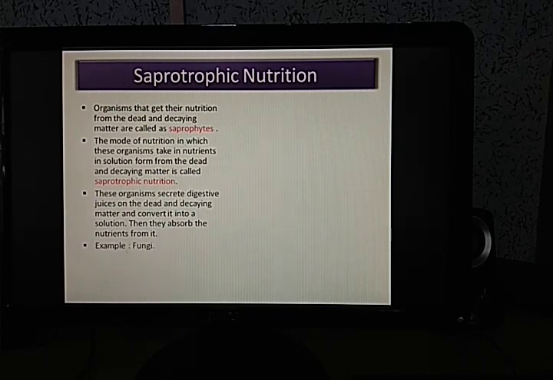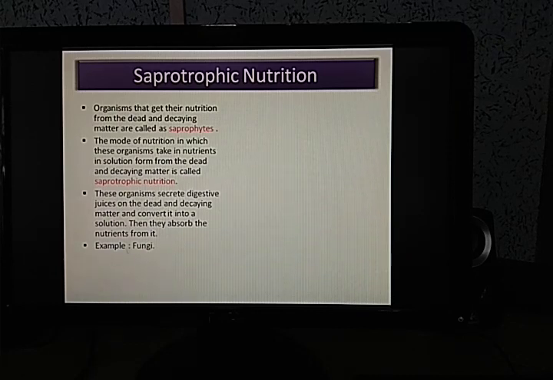For example, fungi or fungus, whichever you say, is an organism, a microorganism also, which follows this saprotrophic mode of nutrition. Now you might be thinking, is mushroom also a saprophyte? Yes, mushroom is also a saprophyte, but since it is a plant, we use the term saprotroph.